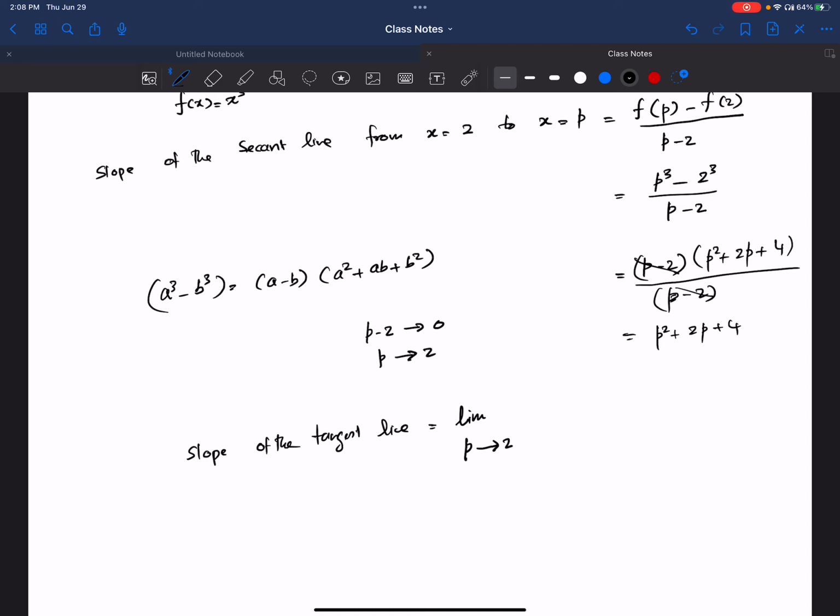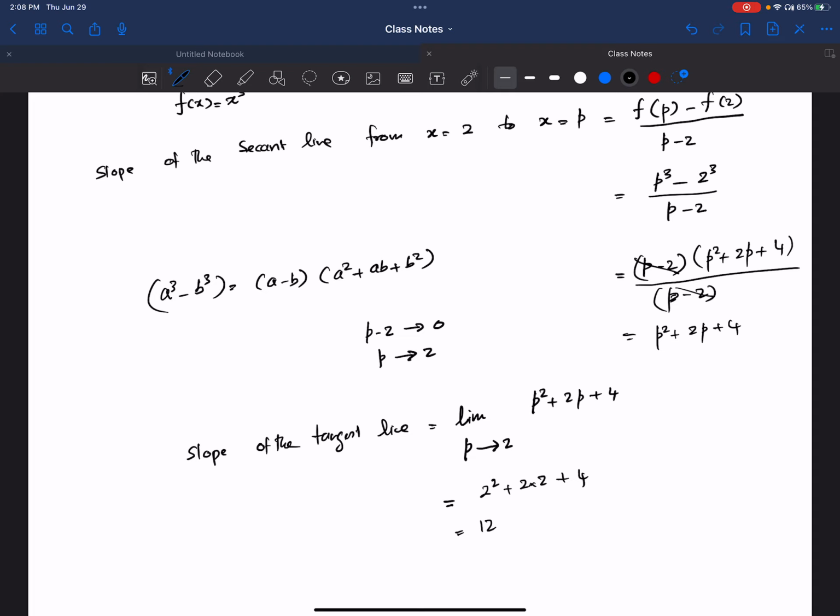As p goes to 2, we have p squared plus 2p plus 4. Later in our sections, you will learn that when p goes to 2, you can replace p with 2. So it's 2 squared plus 2 times 2 plus 4, which is 12. So the slope of the tangent line is 12 in this case.